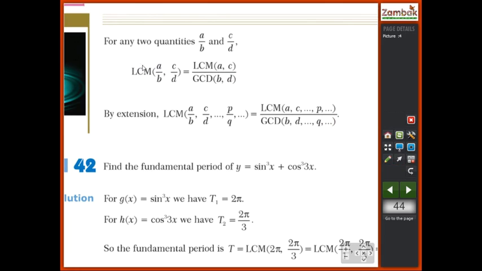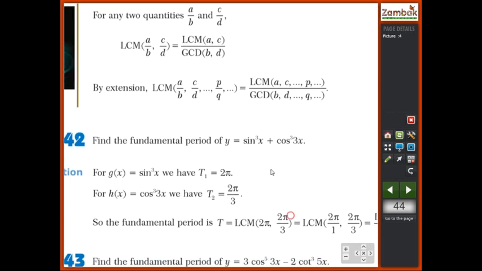The least common multiple for two fractions, for two rational numbers, is the least common multiple of the dividends of these two fractions, and the greatest common divisor of the divisors of these two fractions.